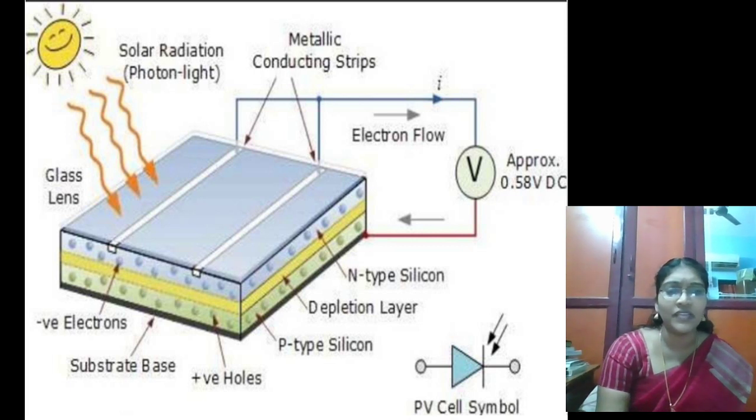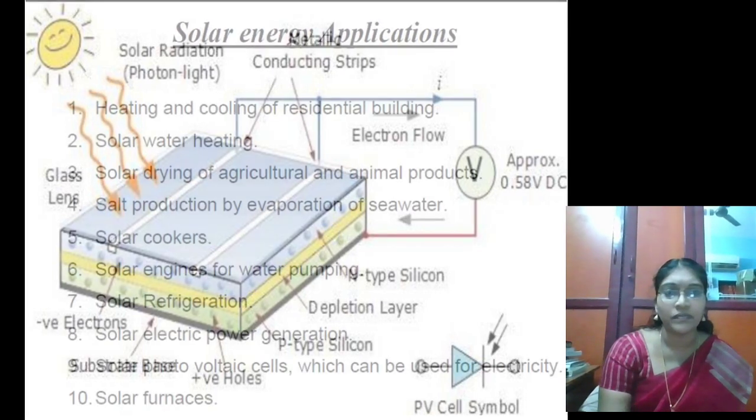Here you can see the diode. There are positive and negative layers, called p-type and n-type, and in between there is a depletion layer. And this p-n junction diode generates electricity from the solar radiation.